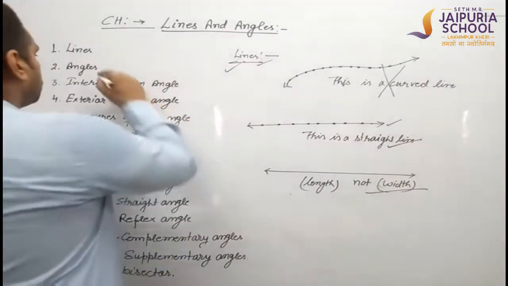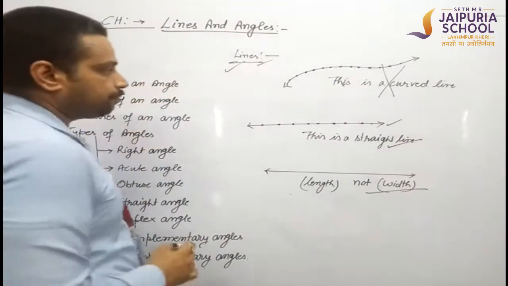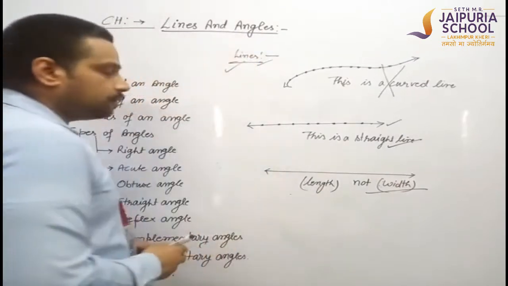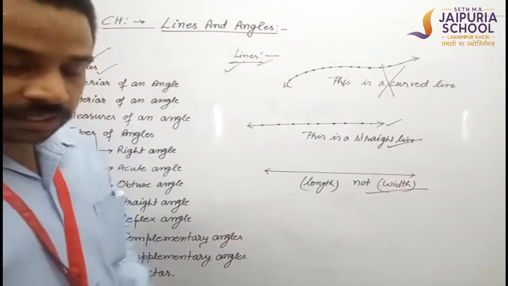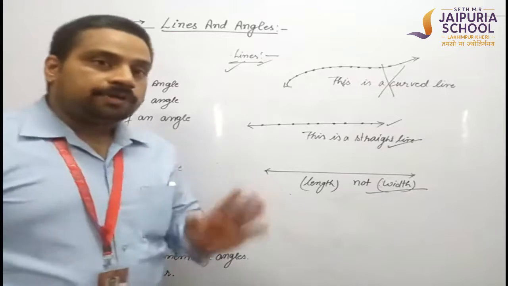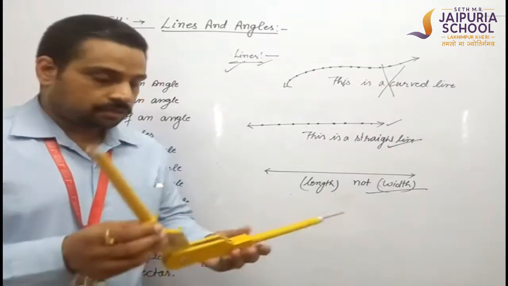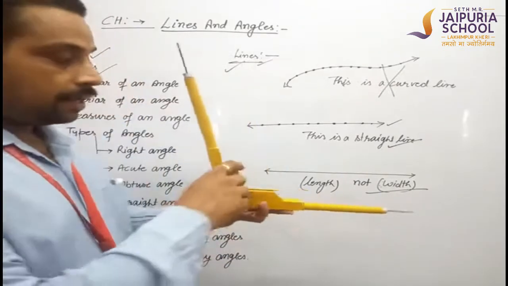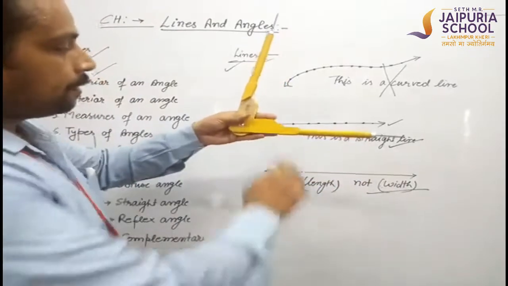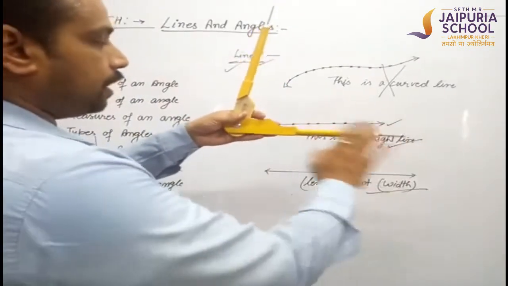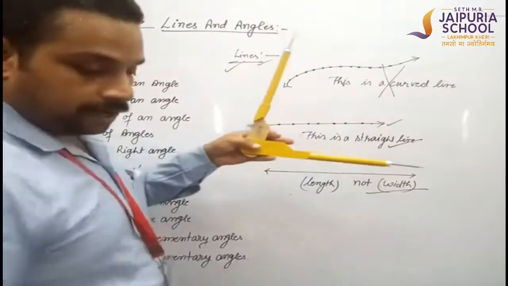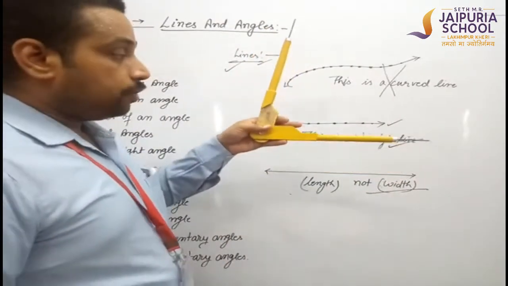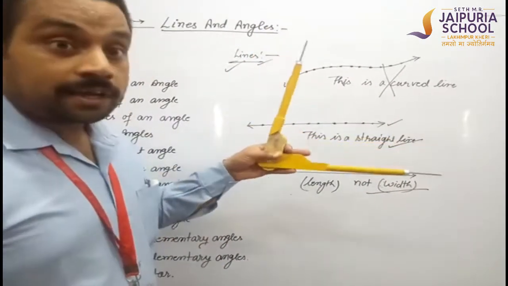And now the topic is angles. So what is an angle here? An angle is just a gap between two rays. Here you see that this is one ray and this is a second ray. Now you are thinking, what is a ray?